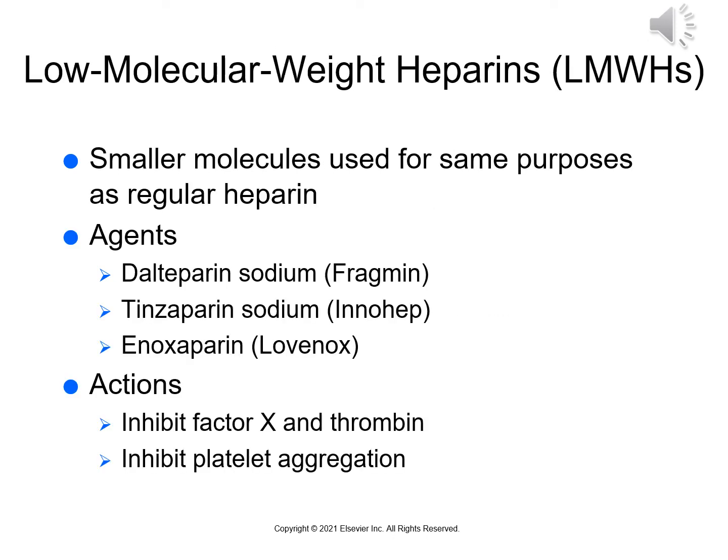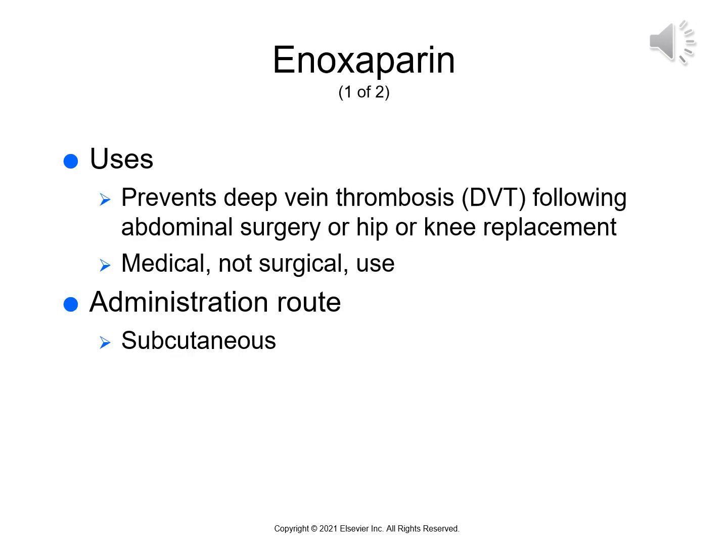All right, so the low molecular weight heparins, or LMWHs, can be used outside the hospital setting because patients and their caregivers can be taught to administer the drug subcutaneously. Enoxaparin is used to prevent postoperative DVT following hip or knee replacement.